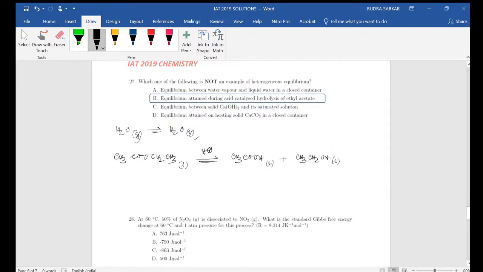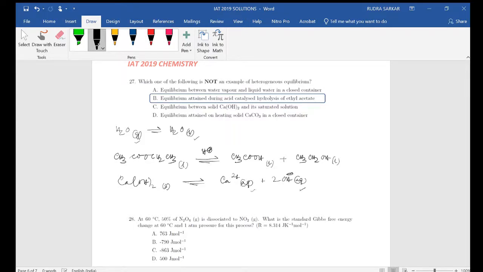Option C says equilibrium between solid calcium hydroxide and its saturated solution. So they are saying solid calcium hydroxide, we have Ca2 plus and 2OH minus.